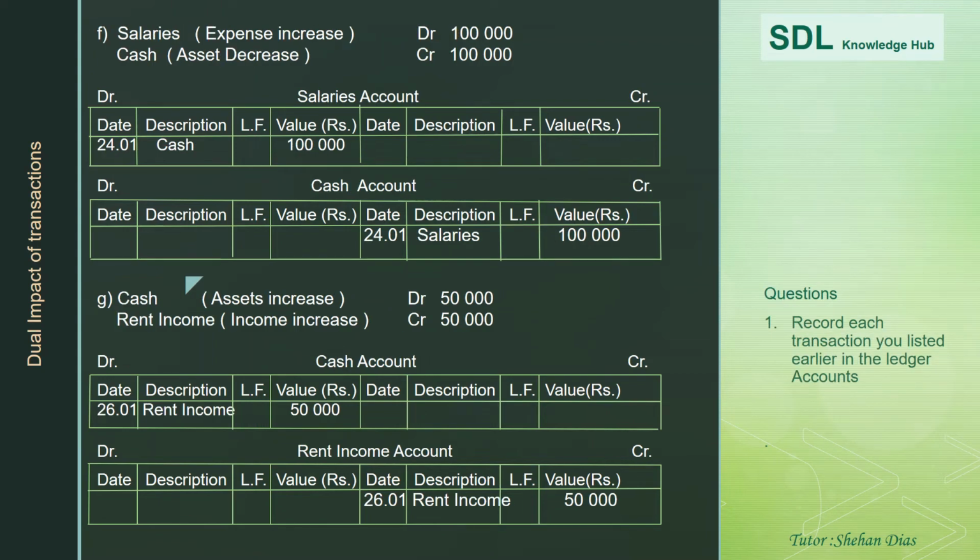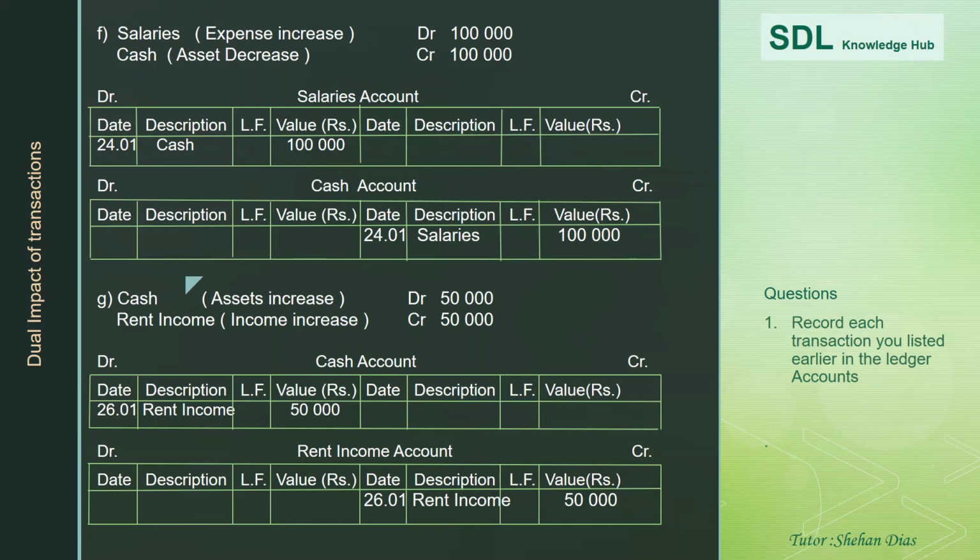Next transaction is paid salaries for 100,000. So salaries is an expense. So expenses increase means debit for 100,000. Then cash asset decreases, therefore credit for 100,000. So salaries account 100,000 debit and cash account 100,000 credit. Received rent income for 50,000. So rent income is an income account.